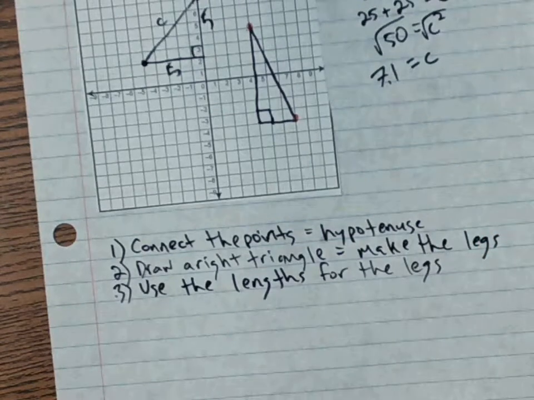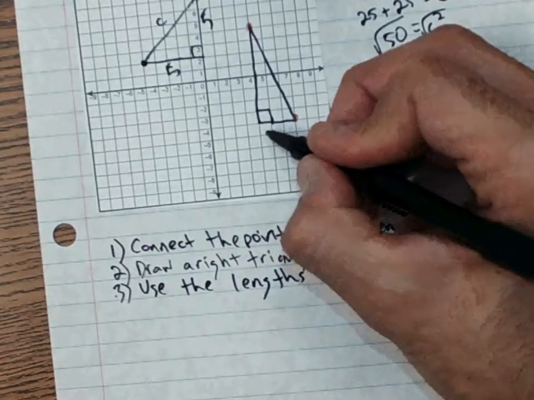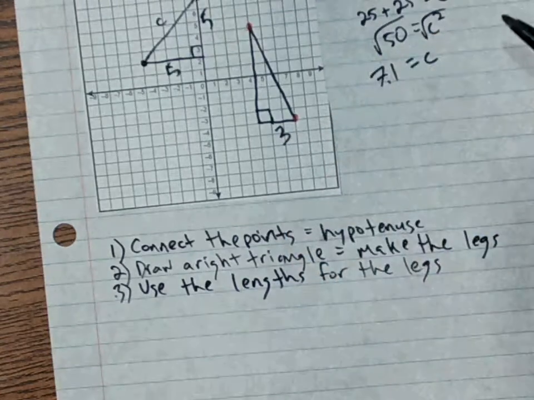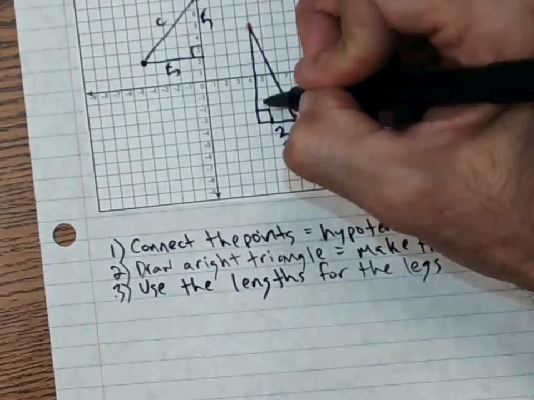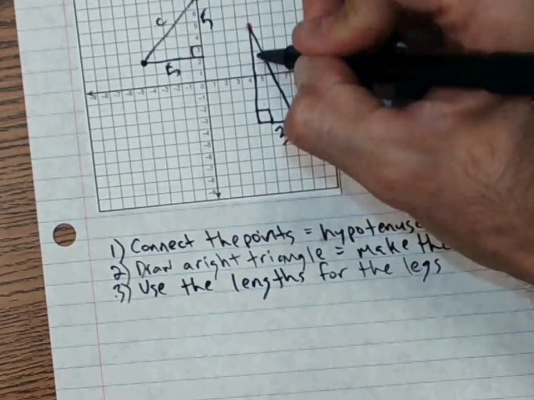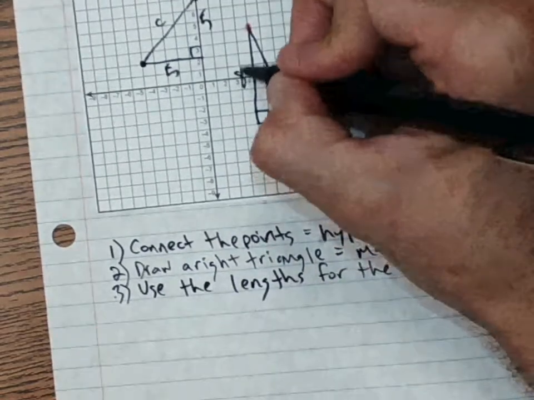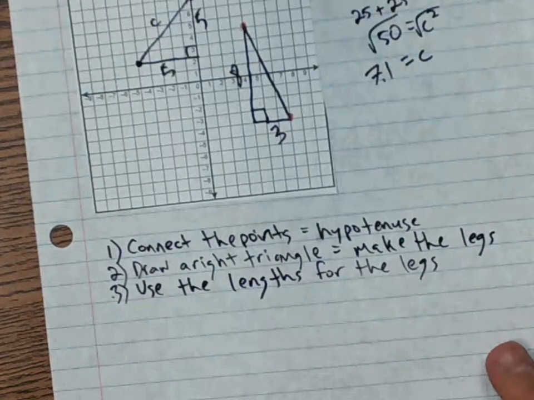So this is where I count my squares. This bottom leg, I count 3 squares, so that'll be the length of that leg. Our vertical leg, it's 1, 2, 3, 4, 5, 6, 7, and 8. So that's what we're going to use in our formula.